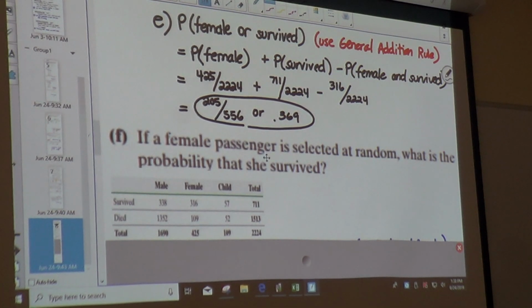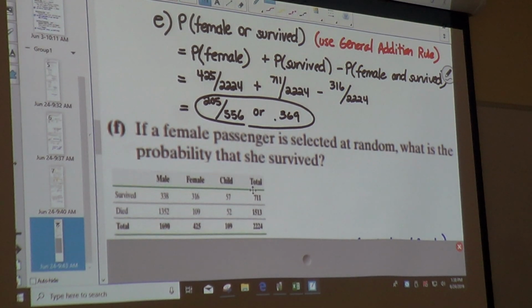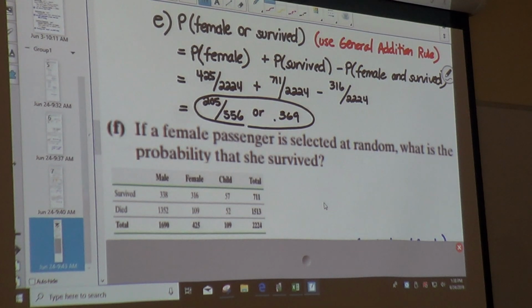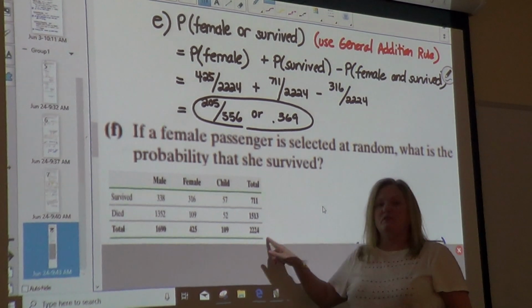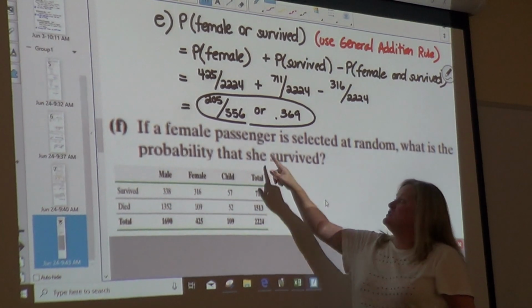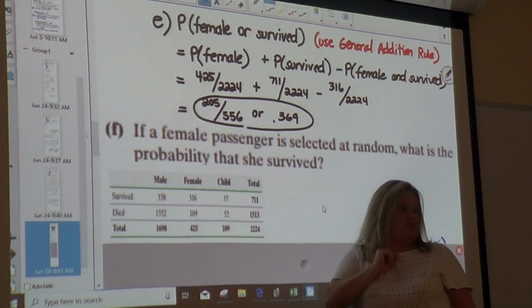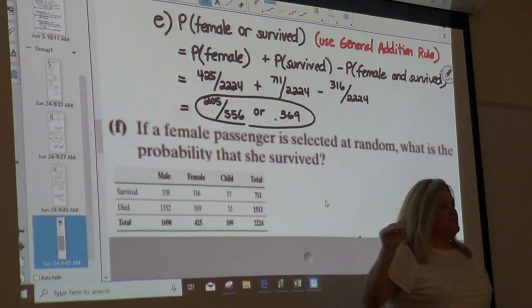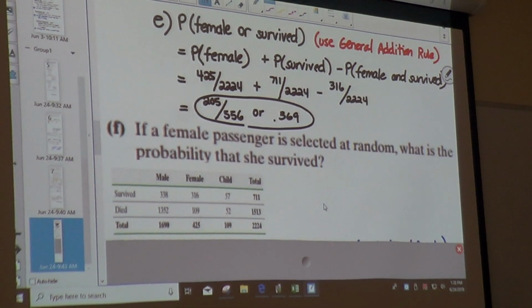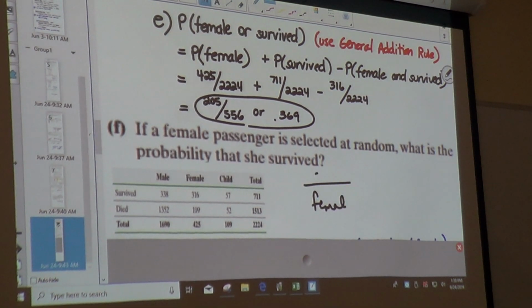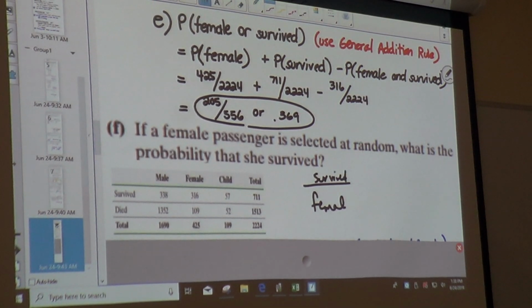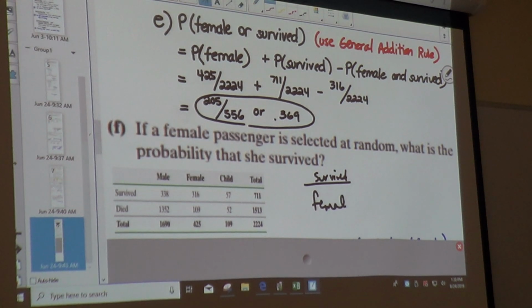If a female passenger is selected at random, what is the probability that she survived? I didn't use the word given, but I'm not talking about everybody right now. I'm just talking about a female passenger. So what is my bottom number going to be? It's just going to be female. So I only want to know the people that survived out of the females.